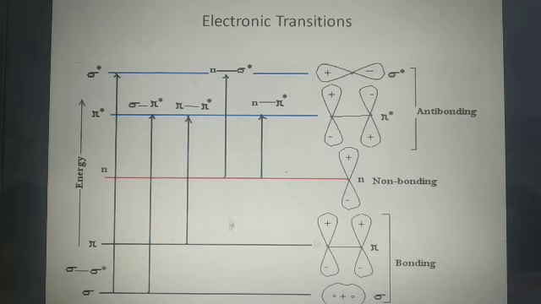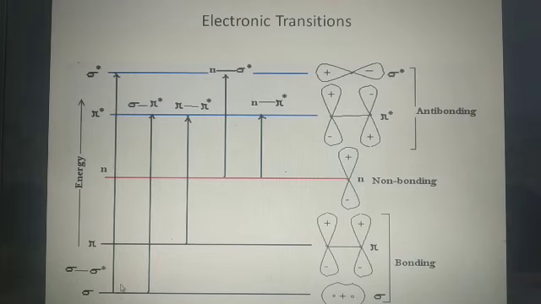These heteroatoms contain non-bonding or lone pair electrons. For example, nitrogen contains one lone pair, oxygen contains two, sulfur contains two, and phosphorus also contains one lone pair, just like nitrogen. So we have sigma electrons, pi electrons, and non-bonding electrons.